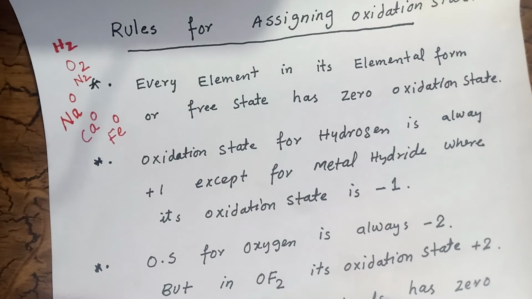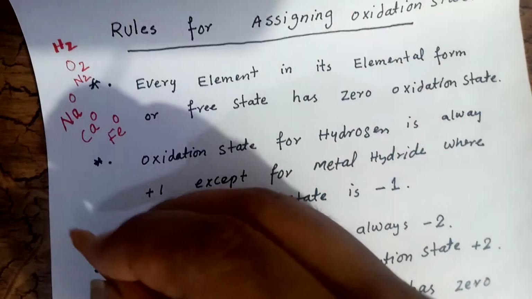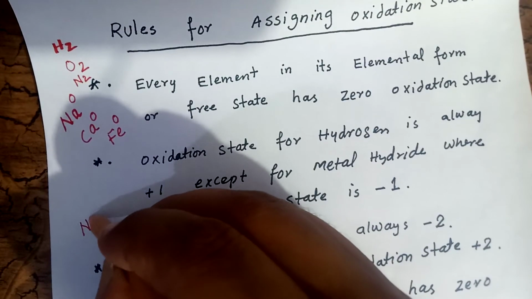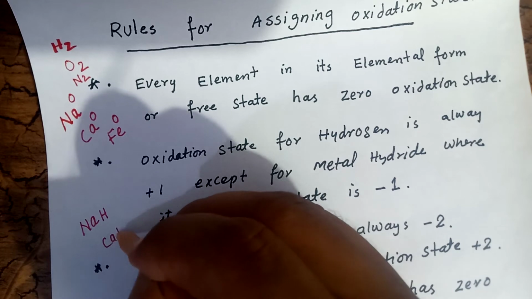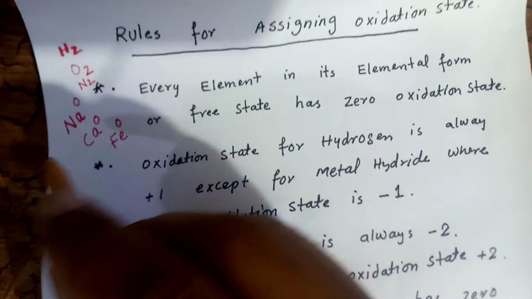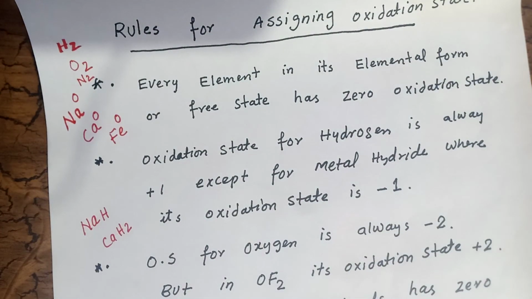For example, as we have seen in H2O, the oxidation state of hydrogen is +1. But in metal hydrides, for example sodium hydride or calcium hydride, the oxidation state of hydrogen is -1.